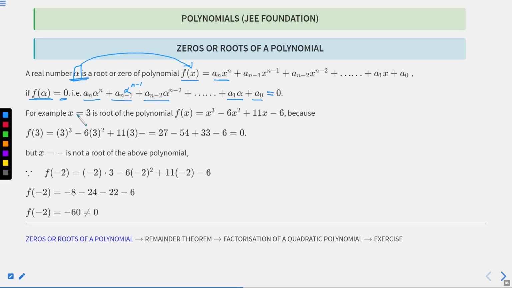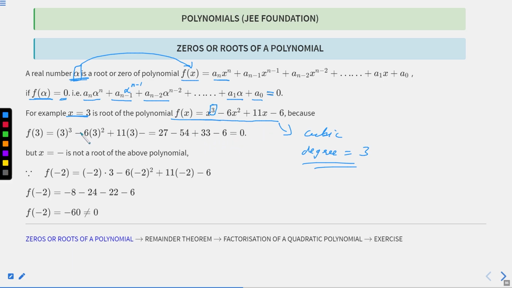For example, take x equals 3 and my polynomial is f(x) = x cube minus 6x square plus 11x minus 6. My polynomial is cubic because the degree is 3. What do we mean by degree of a polynomial? Degree of a polynomial means the highest power of x in the given polynomial. So here it is 3.